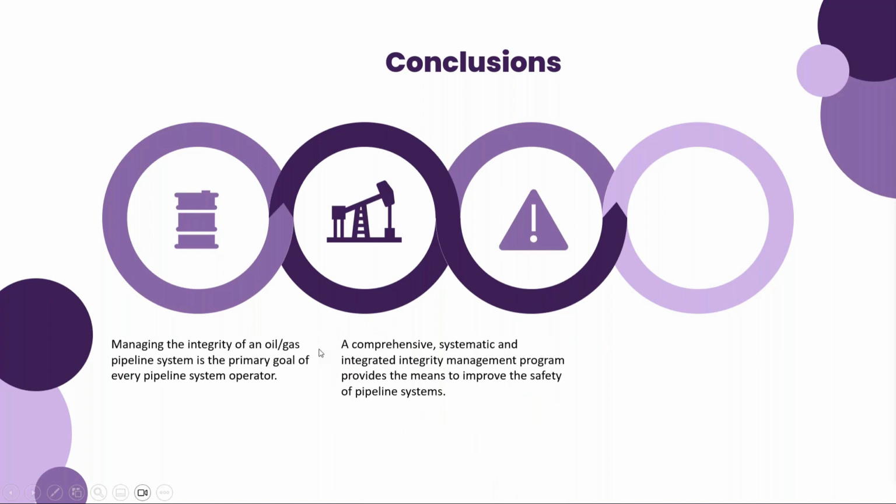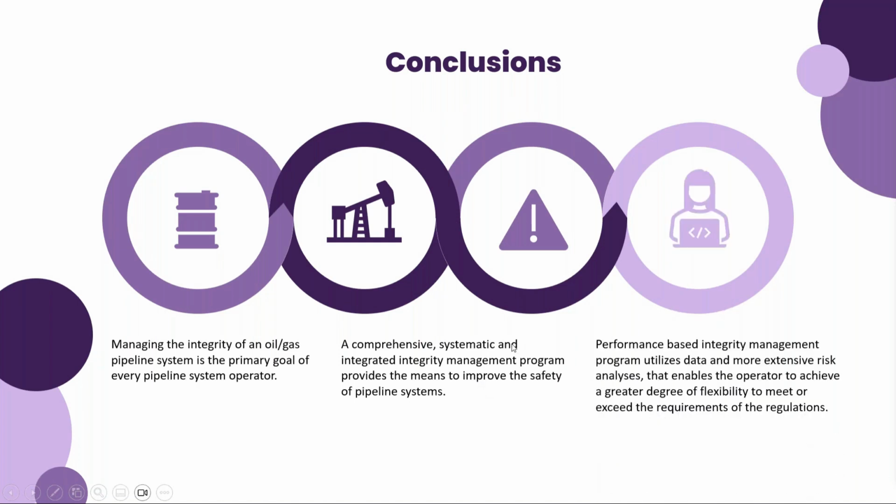It should be comprehensive, systematic, and integrated. Focus on integrated. I think we've got the comprehensive and all that other stuff, but are we truly integrated? Are we talking to each other internally and externally? That's the key. And then the other one is a performance-based integrity management program, which utilizes data and more extensive risk analysis.